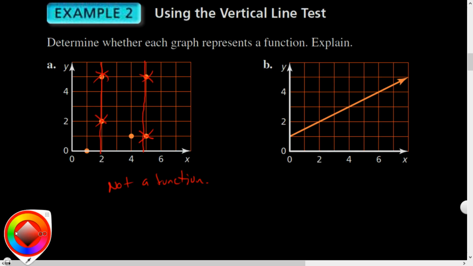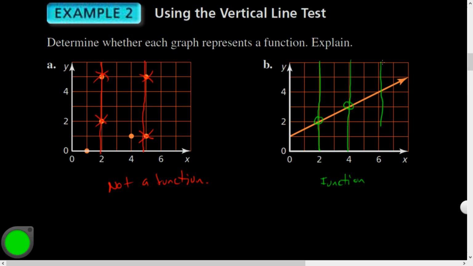Thoughts, Adriana? Function. Yes. Even though this has infinitely many points on this line, and this one only had like 1, 2, 3, 4, 5, 6 points, this one's a function because every vertical line I draw, it's only 1 point.